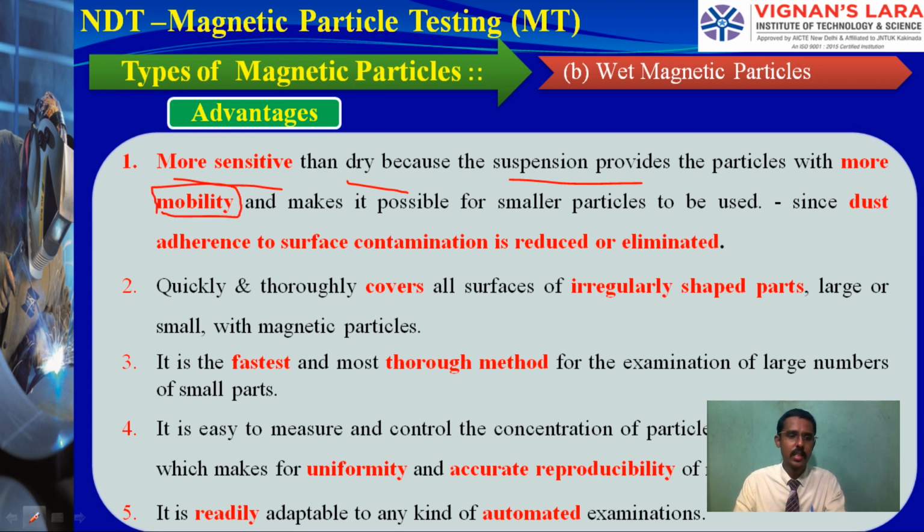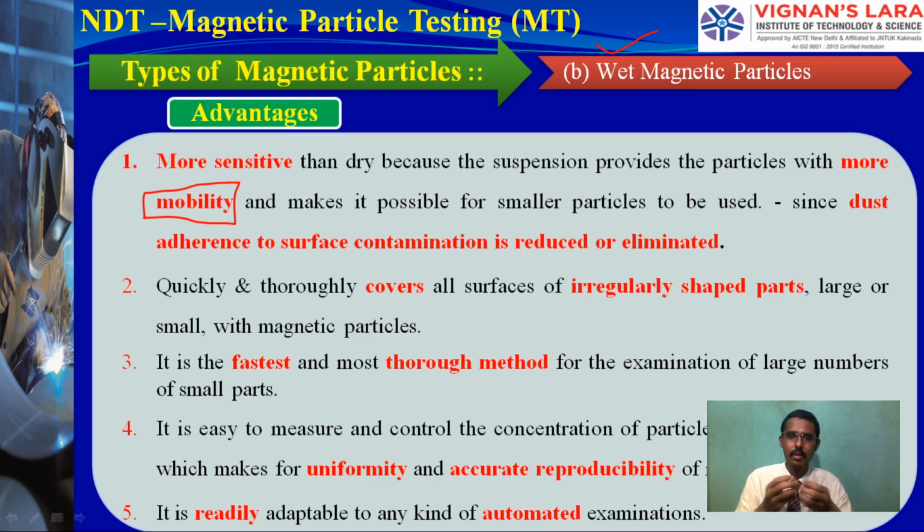It makes it possible to use smaller particles, and since dust does not adhere to the surface, contamination is reduced or eliminated. When we use wet magnetic particles, the powder is suspended in water and we float it over the specimens.